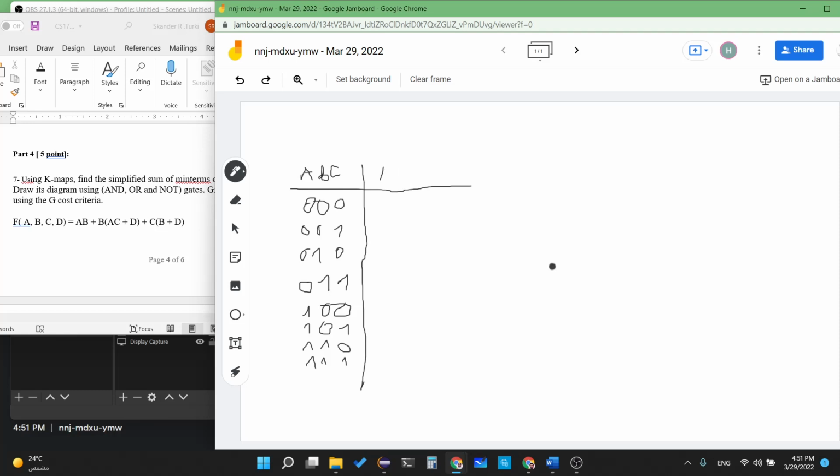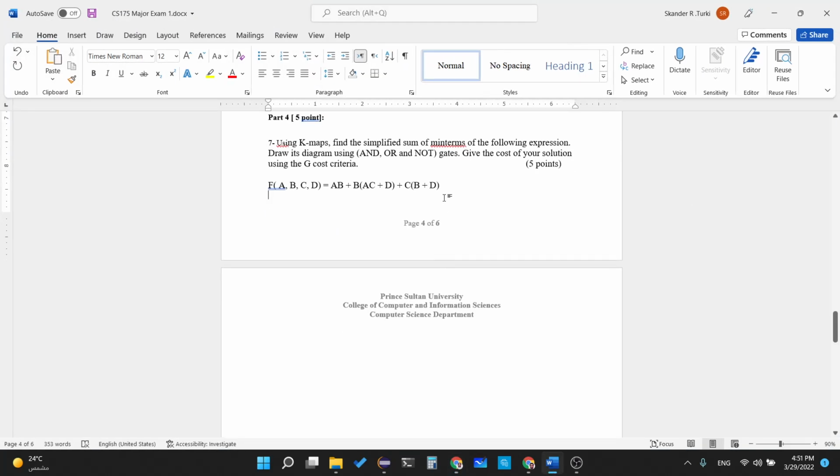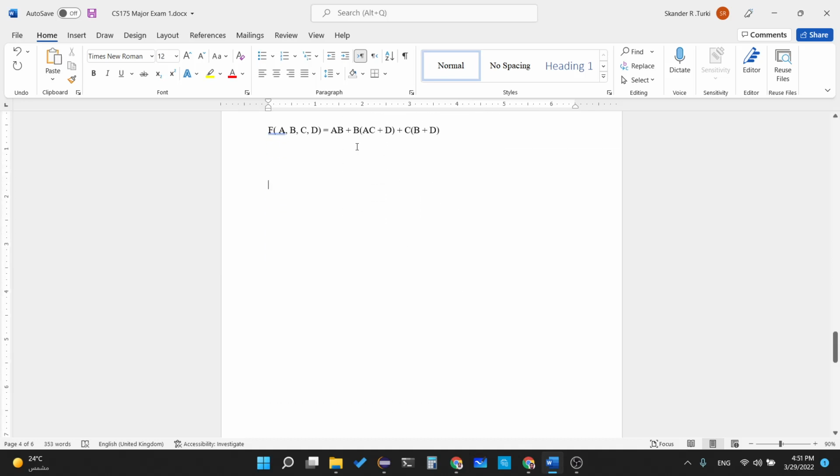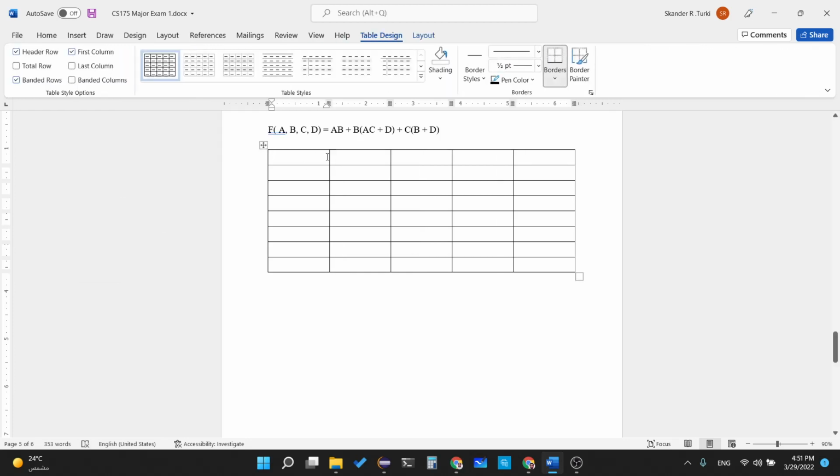Okay, I'll do it here because we'll have a longer truth table than the other one. So maybe here it will be easier. Not very convenient.